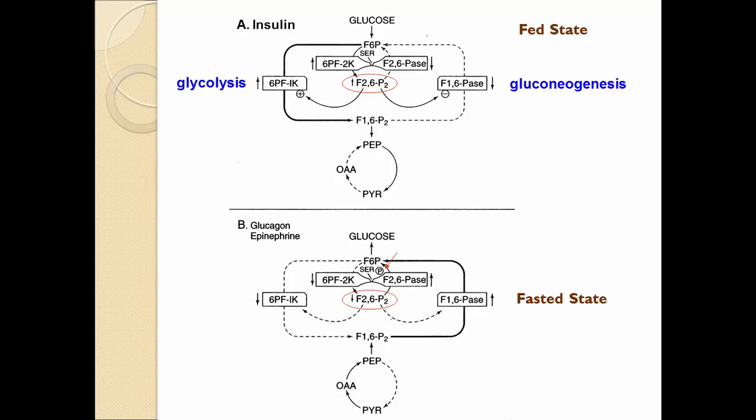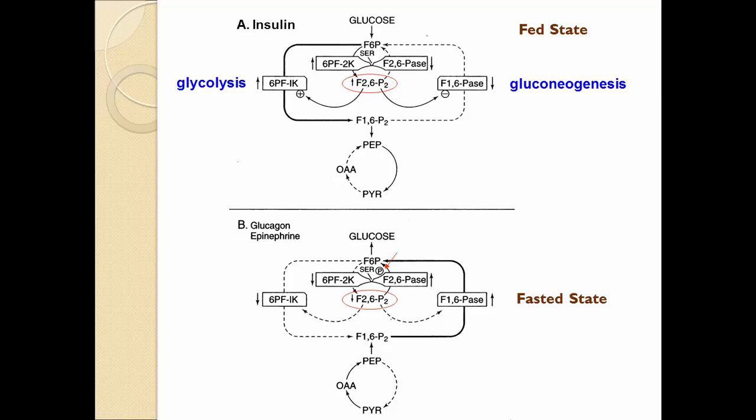Okay, so the bottom part of the slide is the condition under fasting, right? Under the fasting condition, glucagon and epinephrine levels increase, and this causes phosphorylation of the bifunctional enzyme at serine residues, leading to a decrease in phosphofructose-2 kinase and an increase in fructose-2,6-bisphosphatase, right?